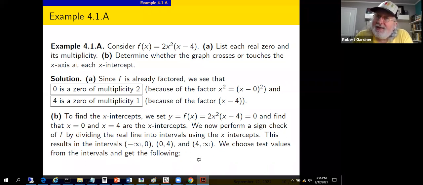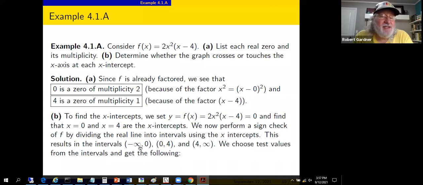Let's do a sign test. So what we're going to do is pick a number, any number in this interval, and plug it into the function. If the function is positive at that number, it's positive throughout this interval.